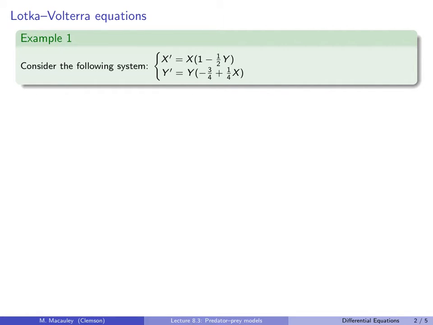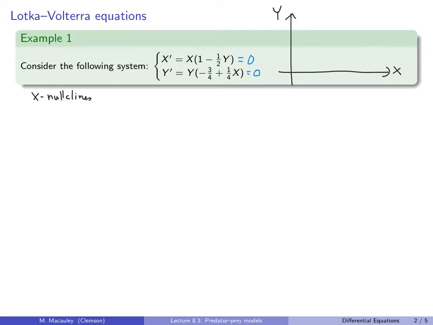Okay, so the first thing to do here is to find the steady state solutions. So we can set both of these equal to 0 and solve for x and y. Or alternatively, we can use the nullclines method. That's what we'll do right here. So to find the nullclines, start with the x nullclines.